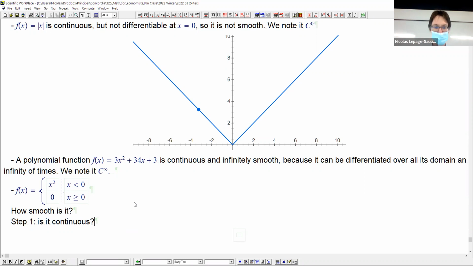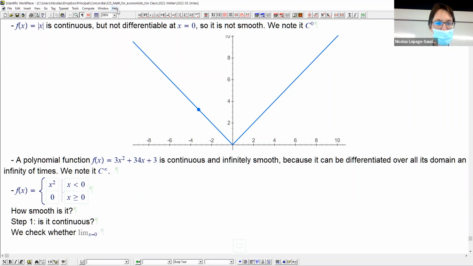So check whether it, x goes to 0 from the negative section.